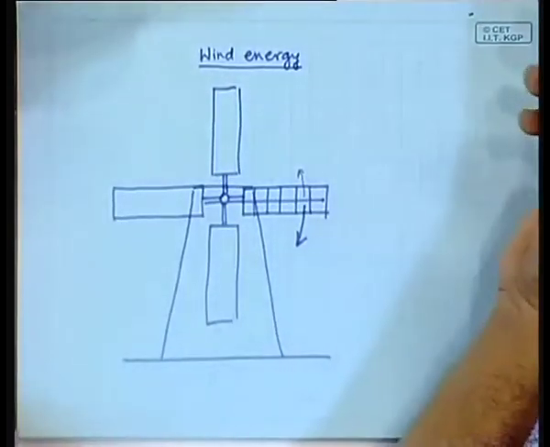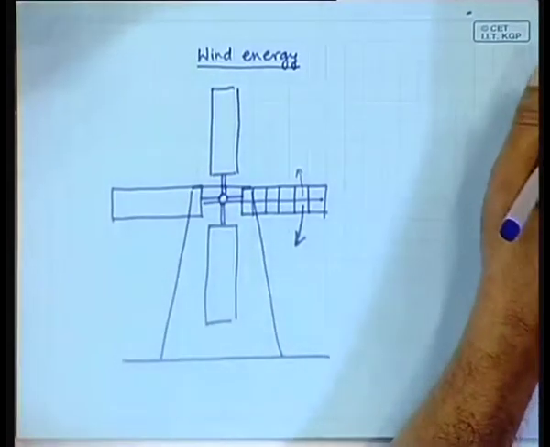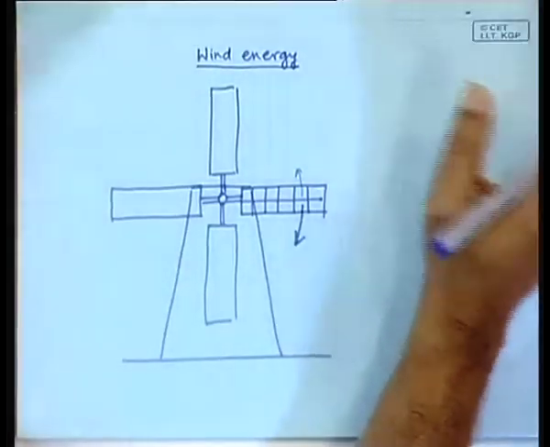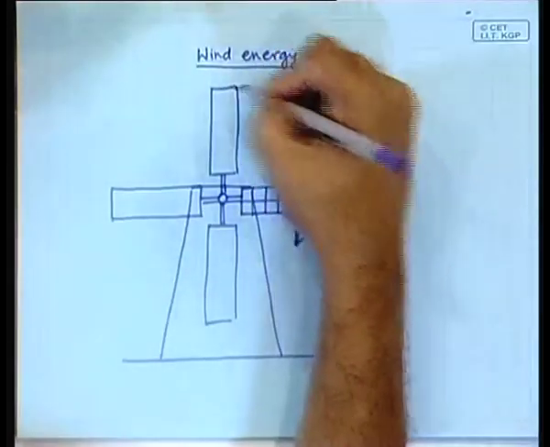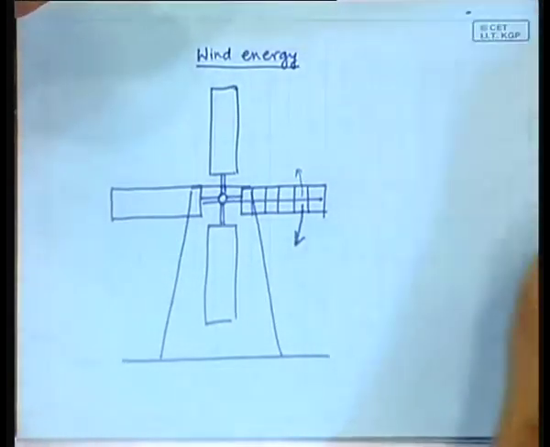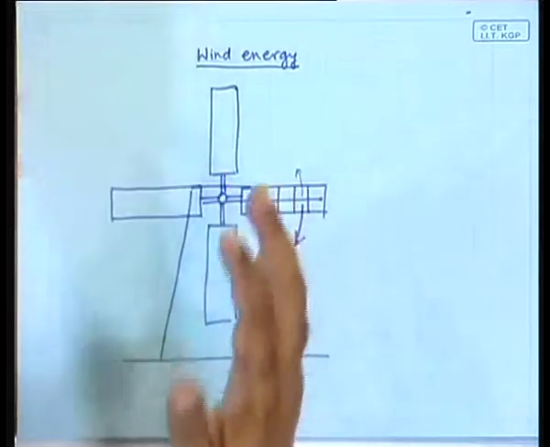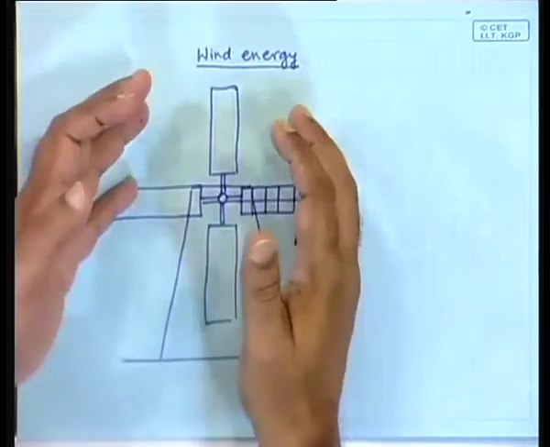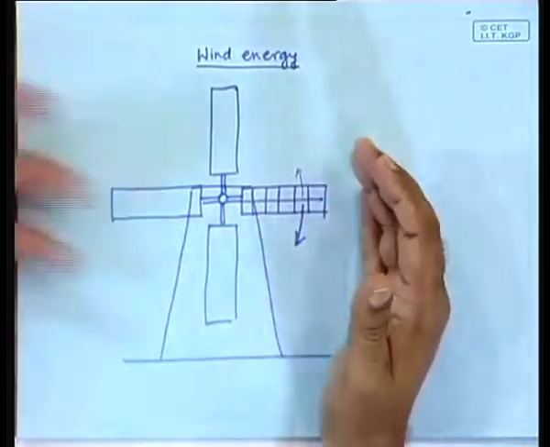These used to be used for water pumping as well as mainly for grain grinding. So, grain grinding was the major employment of this kind of wind turbine, and obviously you can easily see that these would have to be oriented to the direction of the wind. The wind has to come from this direction, it will not work if it comes from the other direction.